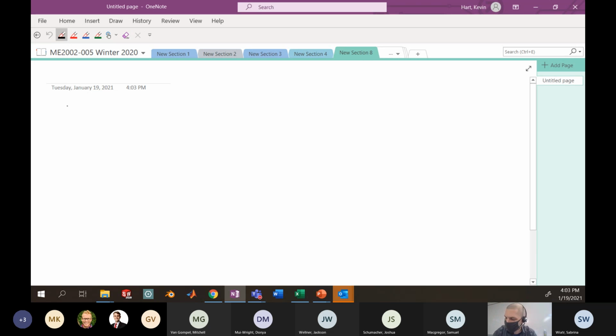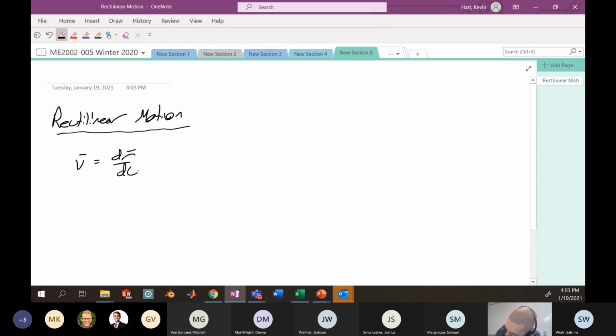To recap quickly, the basics come down to the following: the velocity is the derivative of the position vector, and the acceleration is the derivative of the velocity vector. These are the bread and butter for this portion of the class, okay?